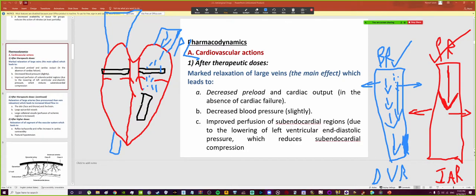The amount of blood that comes to the ventricle from the pulmonary veins depends on the veins. If they vasodilate, there's going to be decreased venous return. So instead of 130 milliliters, let's say you get 90. This is known as decreased preload.